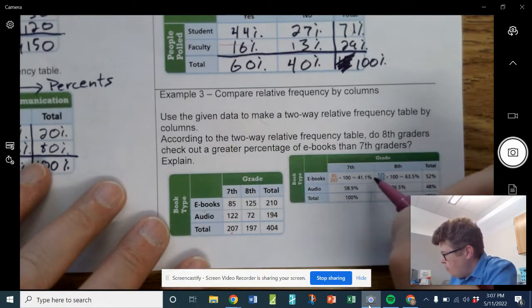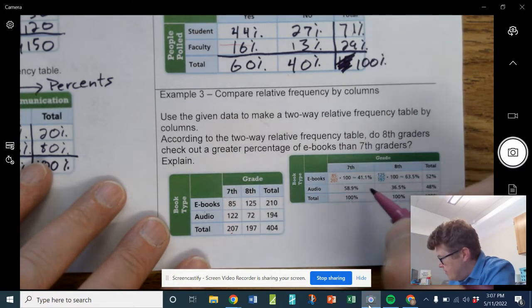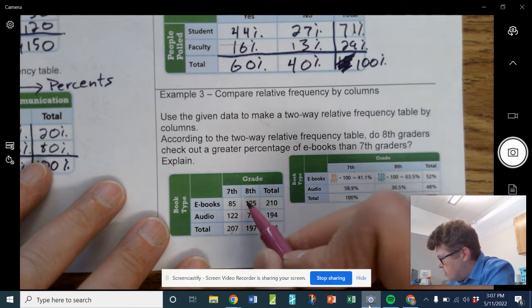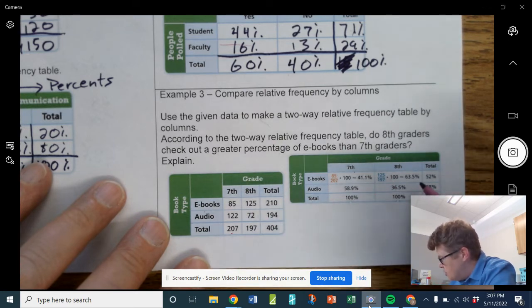All right, so we take this 85 divided by 207, that gets us to 41% of 7th graders, and then this 125 divided by 197 gets us to that 64% of 8th graders.